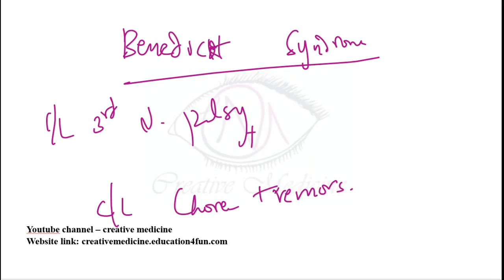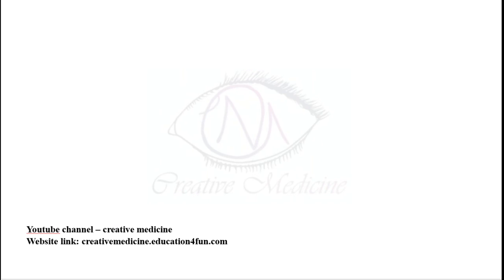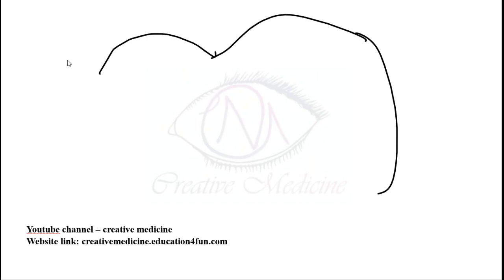Okay, next we have to see pinealoma. So what does pinealoma do? Pinealoma is mainly seen in the midbrain. So in the midbrain, this is the picture of the midbrain.